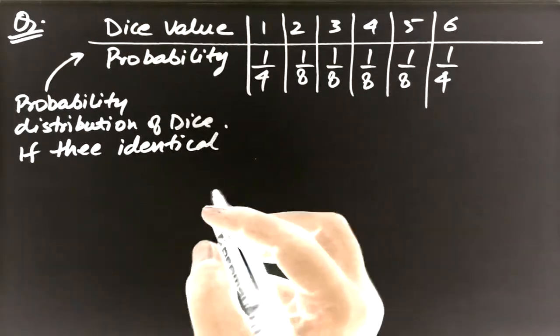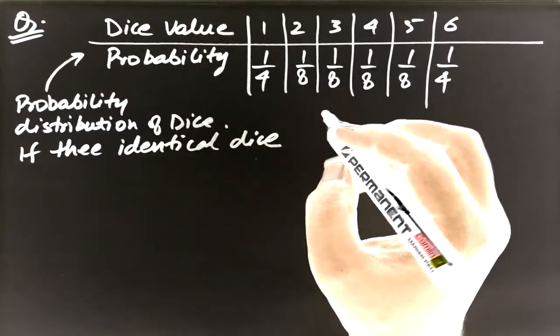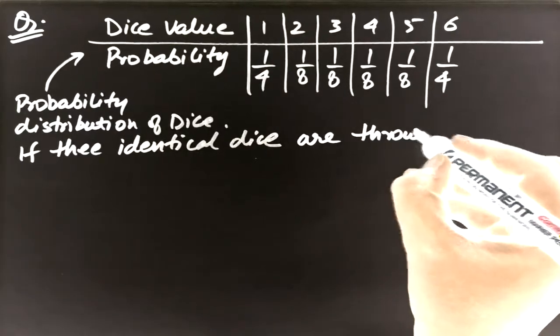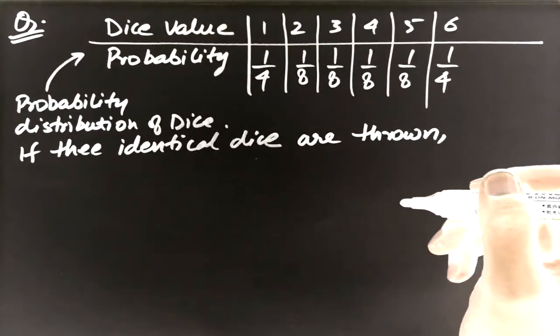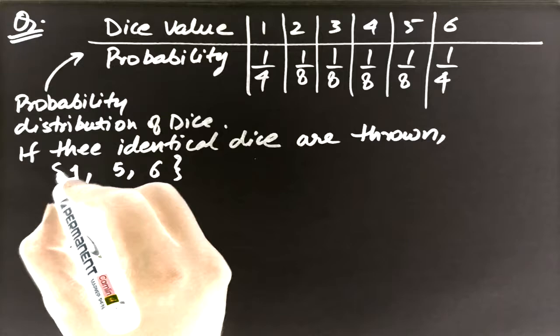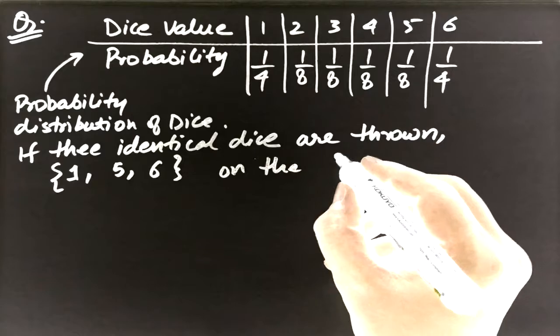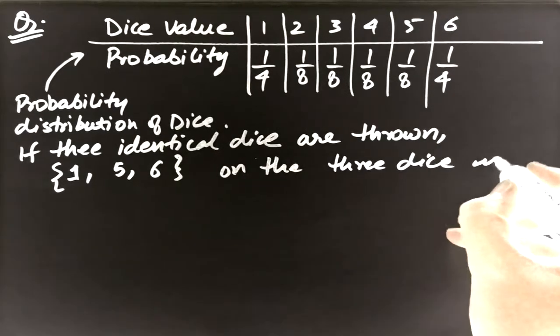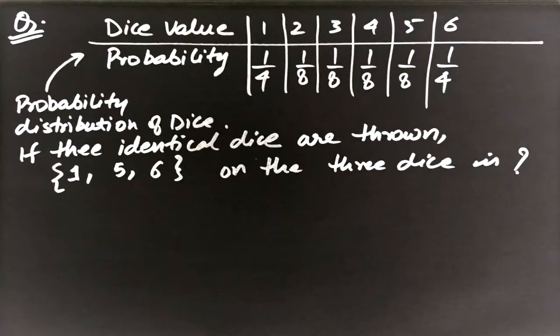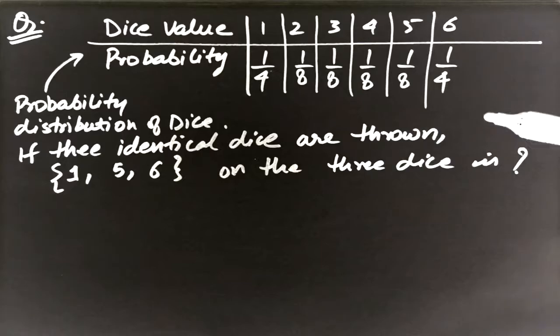If 3 identical dice as above are thrown, the probability of occurrence of values 1, 5 and 6 on the 3 dice is. So this is the probability distribution of a dice. The probability of getting the number 1 is 1 by 4.